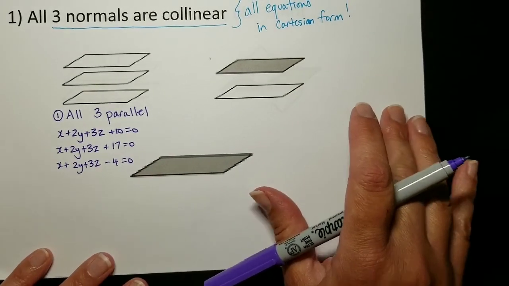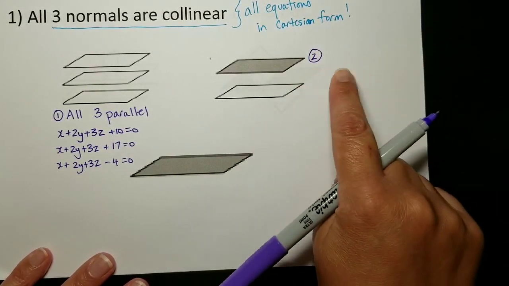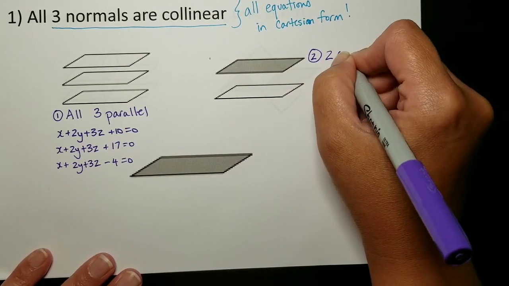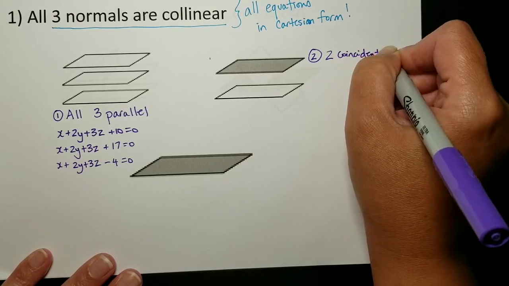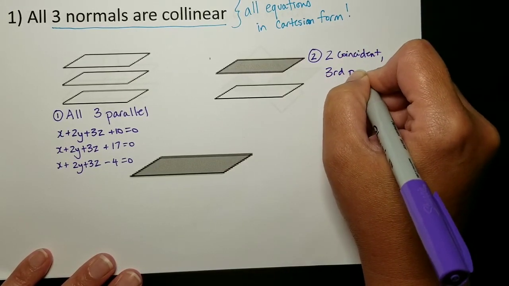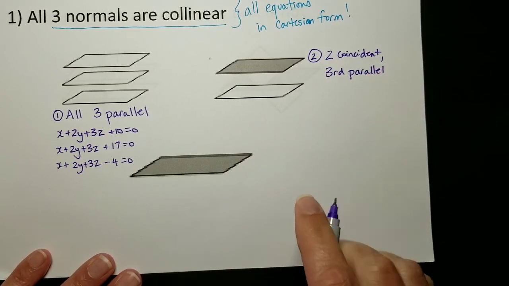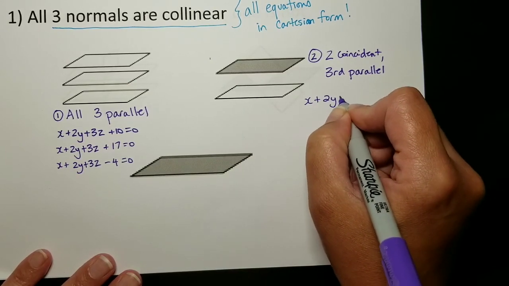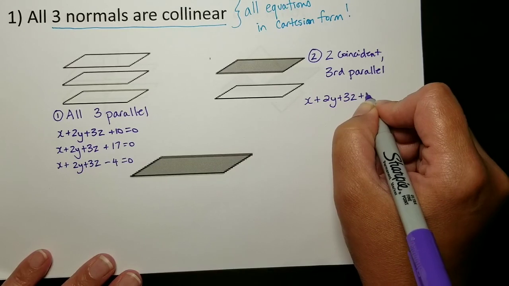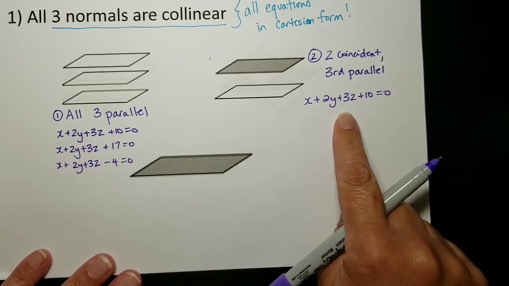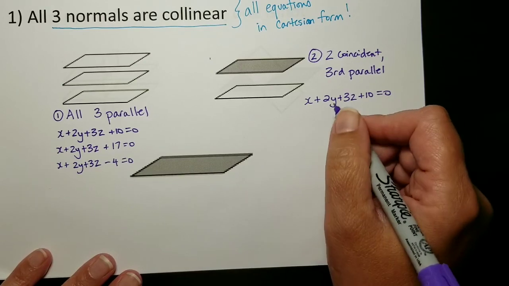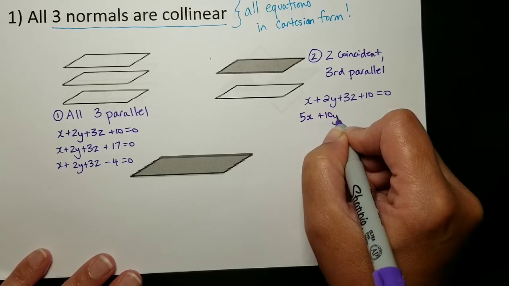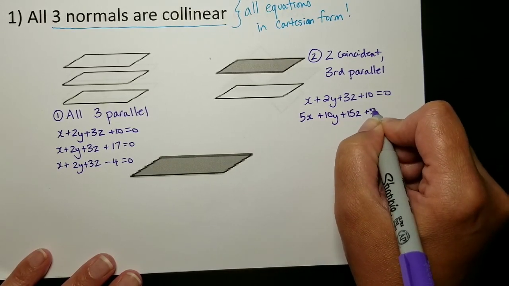Case number 2 up here is 2 planes are coincident and the third is parallel. So a situation like that might be if we had, say, this x plus 2y plus 3z plus 10 equals 0, and then maybe another equation was just given kind of in a bad form and maybe was like 5x plus 10y plus 15z plus 50 equals 0.